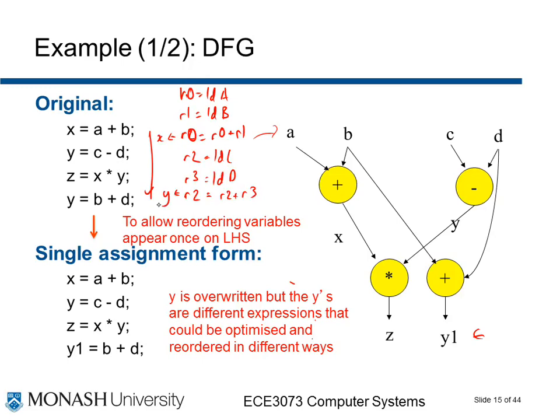And that holds Y. Everyone follow me so far? Okay. How do I finish this off? So I want Z. So Z is going to be X times Y. So R0 equals R0 times Y, R2. That gives me Z.